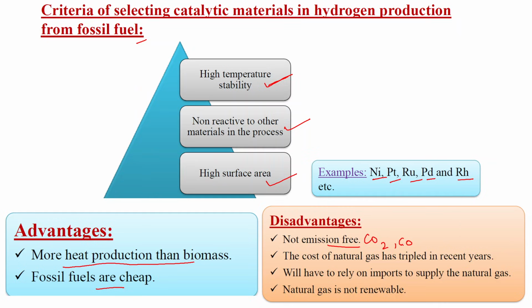That is a disadvantage. Then the cost of natural gas has tripled in recent years. We also have to rely on imports, because natural gas is not available everywhere. These non-renewable energy sources are not available in abundance everywhere, so we need to rely on imports for getting the raw material. Then natural gas is not renewable. That is the simplest disadvantage.